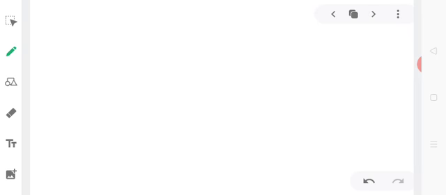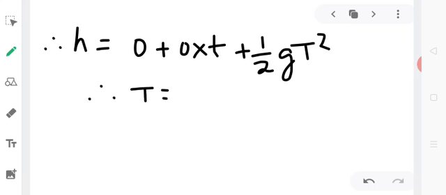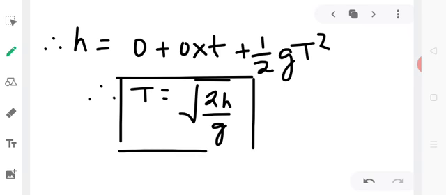So we can write down h equal to 0 plus 0 into t plus half g t square. That gives us t to be equal to root over 2h by g. So this is the expression for time of flight.